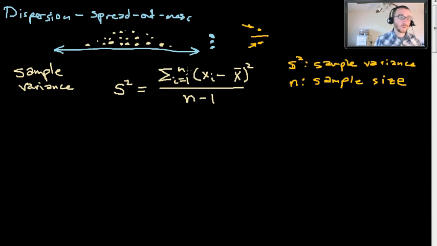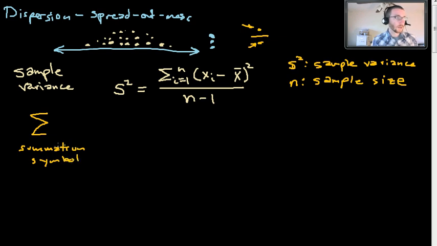Now what's on top? Well, the big sigma over here, I'm going to put it over here. This is our summation symbol. It's an operator. It's a big sigma. It's a Greek letter. And it's an operator. You know what operators are because I just drew one up there. That's an operator. Another operator is this. Another operator is this. Right?